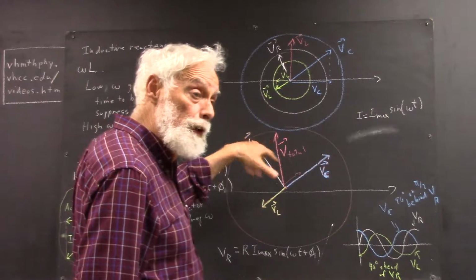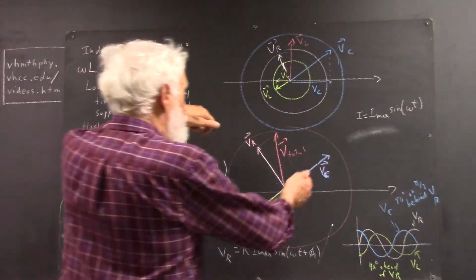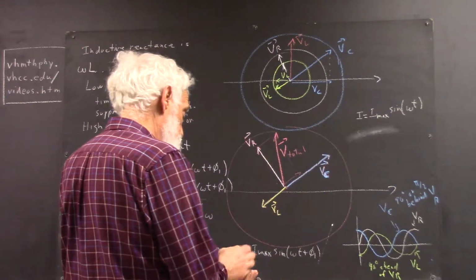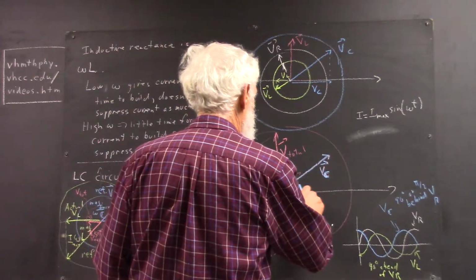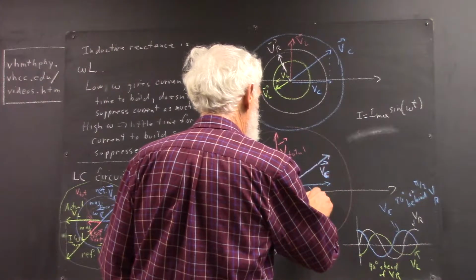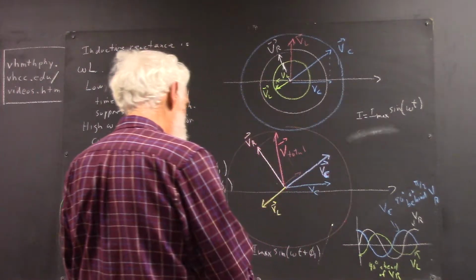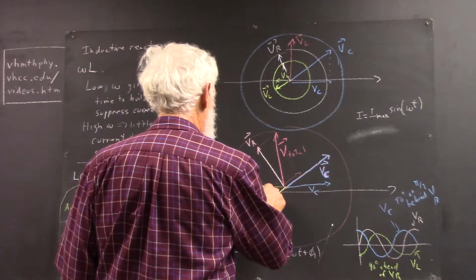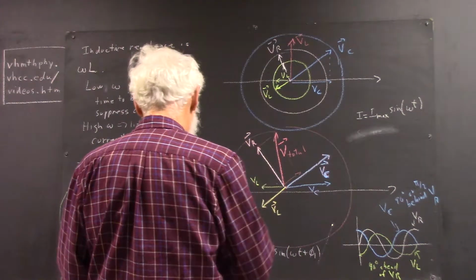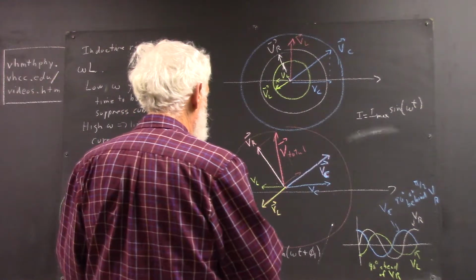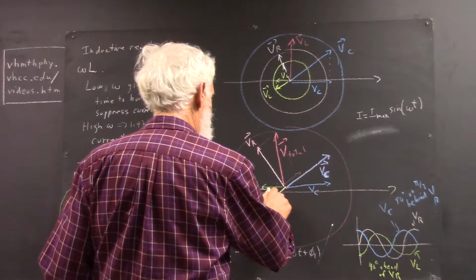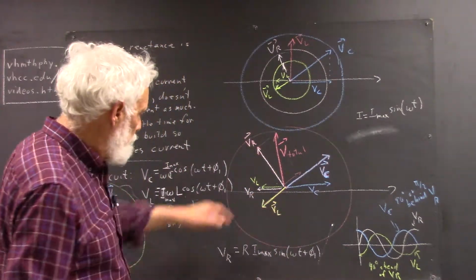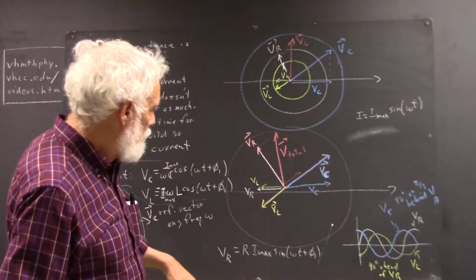Right here's a picture of our phasor, and if we follow this diagram as it rotates, here's our actual V sub C, our actual V sub L, and our actual V sub R, which happens to be pretty close to the actual V sub L at this point.